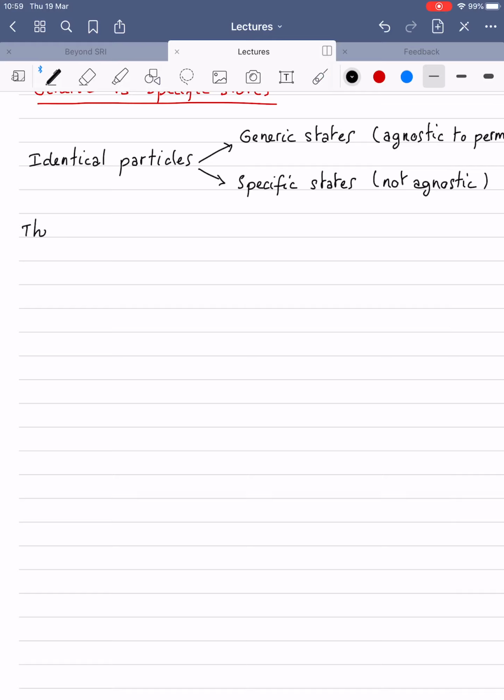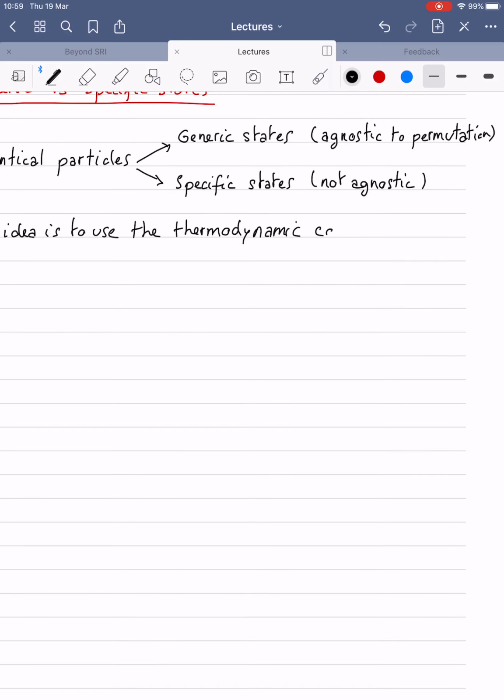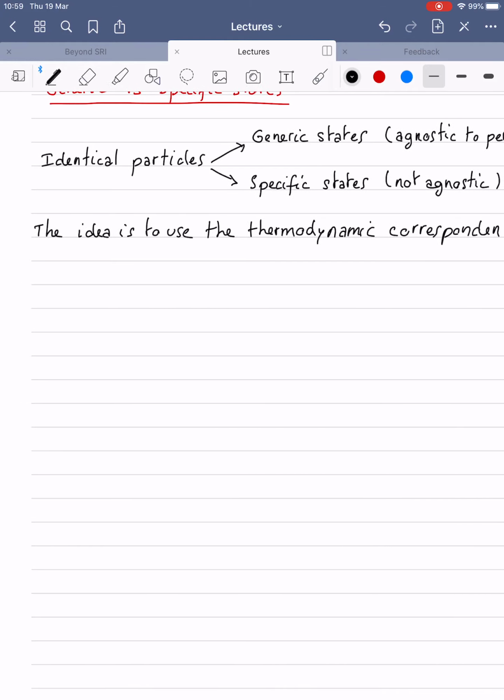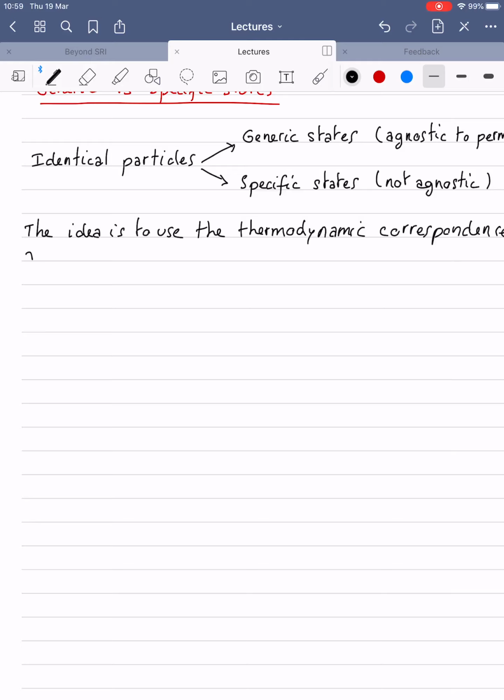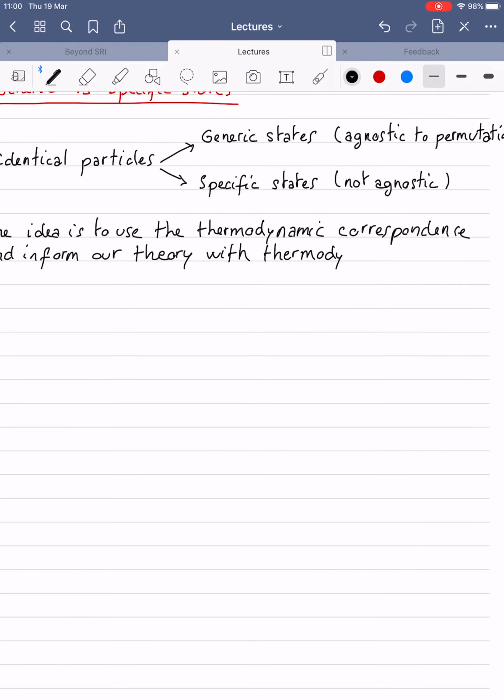to use the thermodynamic correspondence that we have discussed so far, and inform our theory of statistical mechanics with some thermodynamics postulates or knowledge.